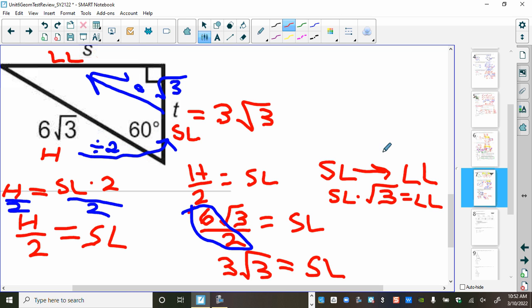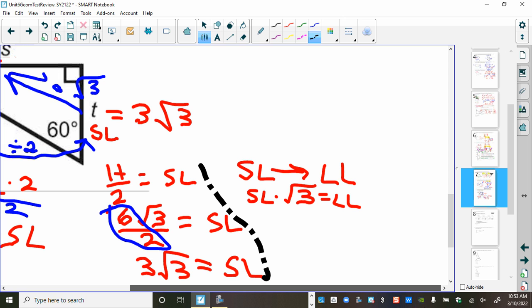So, in this case, what is our short leg? 3 square root of 3, okay? So you have 3 times square root of 3 times another square root of 3.